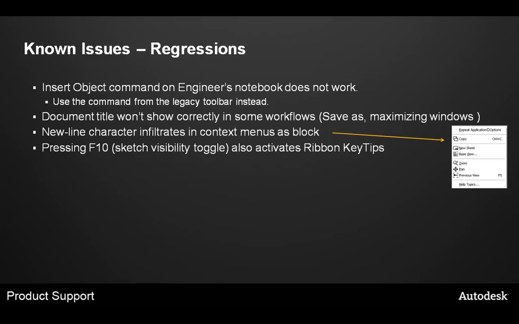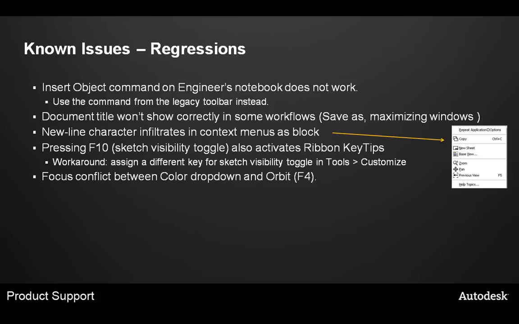Pressing F10 also activates the ribbon key tips, so there is a kind of conflict between the sketch visibility toggle and the key tips. You can of course assign different shortcut keys. There is a conflict between the color dropdown and the orbit command, or the F4 command. It makes you stay a little bit longer in the color dropdown than you would prefer.